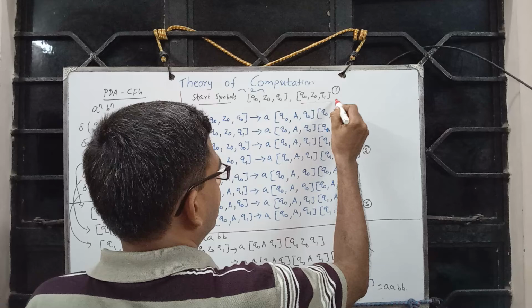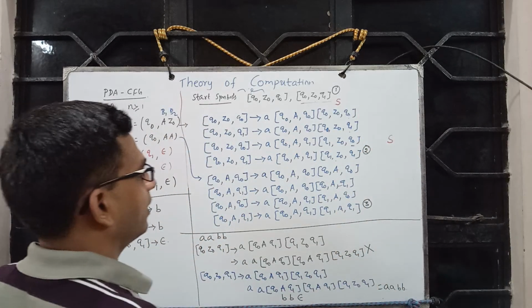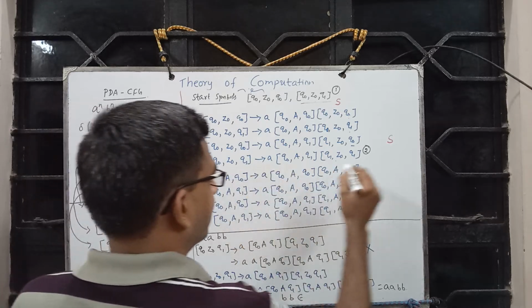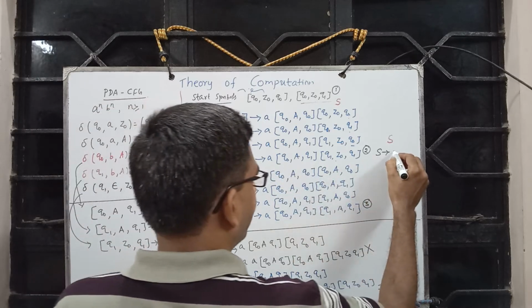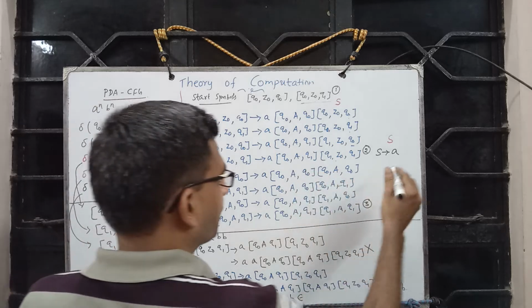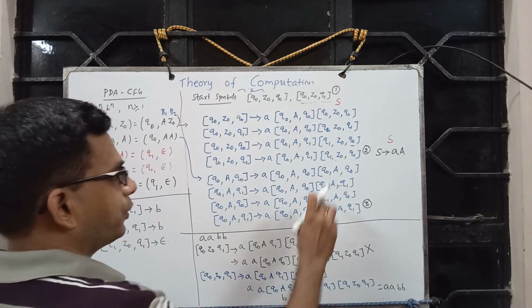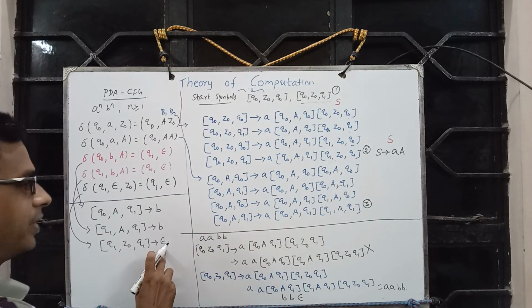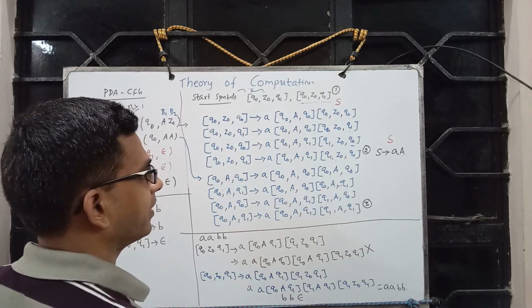So if you call this one as S, so you get S, and then you look at this one as S implies A followed by Q0 A Q1, then Q1 0 Q1. Q1 0 Q1 implies epsilon, and there are no recursive rules on that.